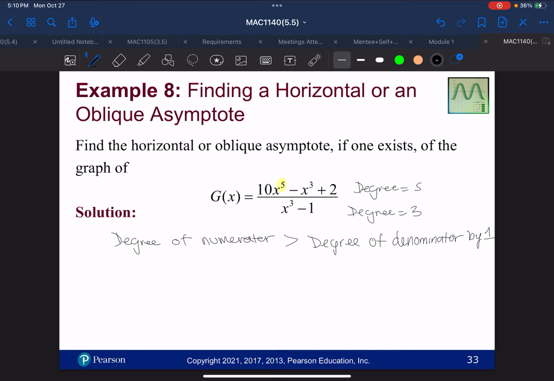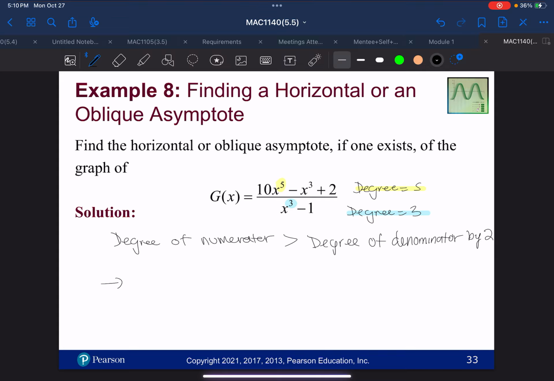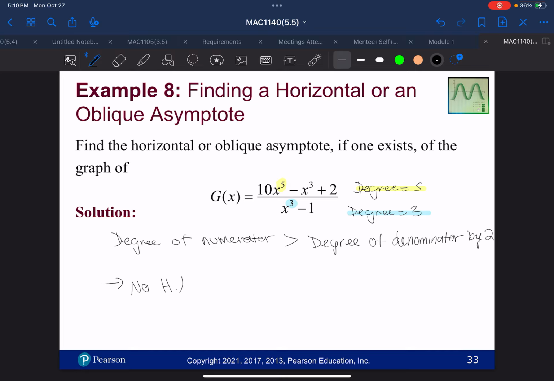So when it's greater by 1, I'm sorry, it's greater by 2. So whenever it is greater by 2 or more, this is that case where we have no horizontal asymptote and no oblique. So neither.